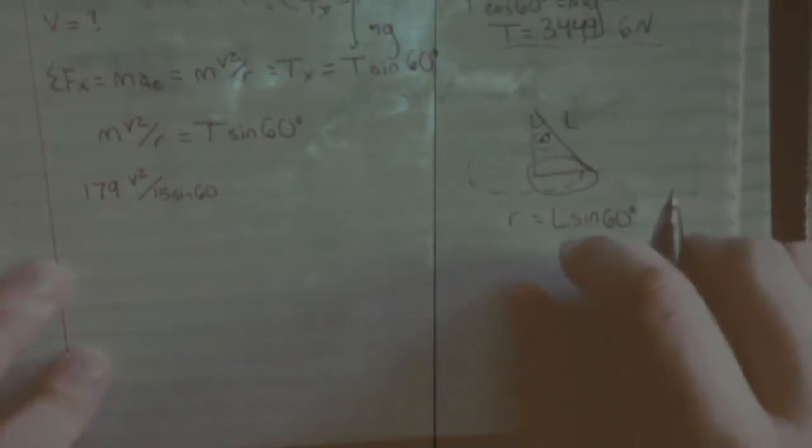So now we can go into this equation and plug stuff in. So our m we know is 179. We're looking for our v squared. Our r is 15 sine 60. Our T was that 3,449.6 times sine of 60.